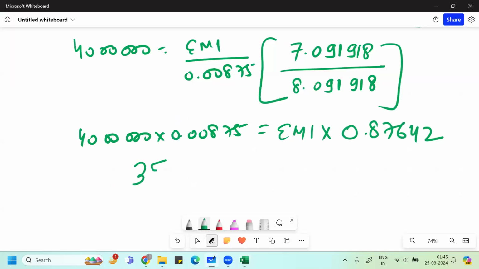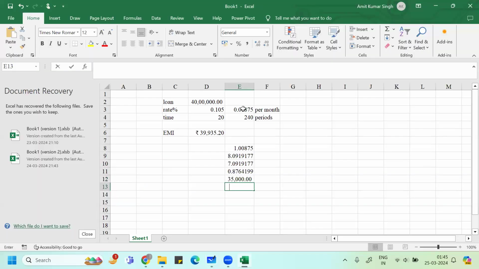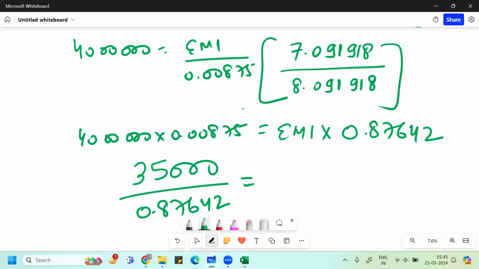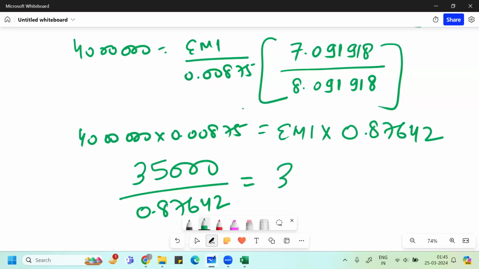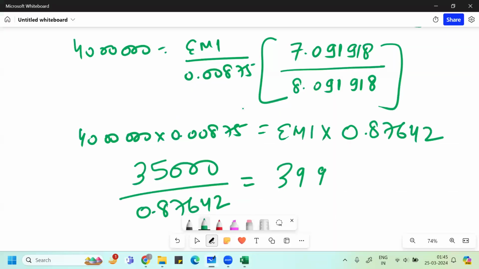This 35,000 divided by 0.87642 is equal to 39,935.20 rupees, which is equal to your EMI.